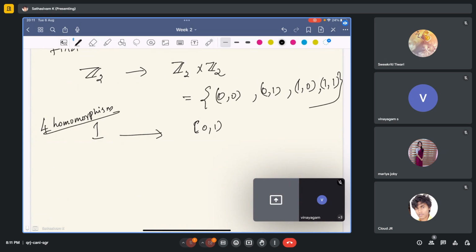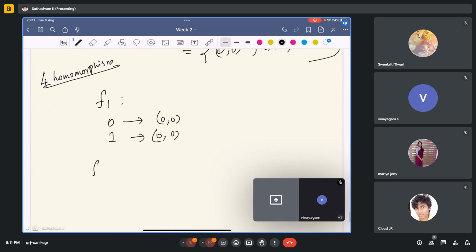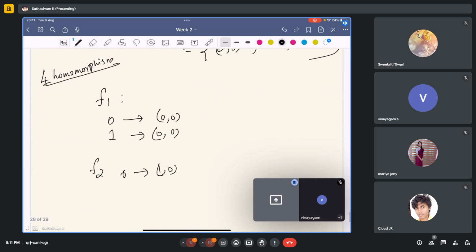So what are the homomorphisms? Let's say f1. What it does is it takes 0 to (0,0), 1 to (0,0). What is f2? f2 takes 0 to (0,0).